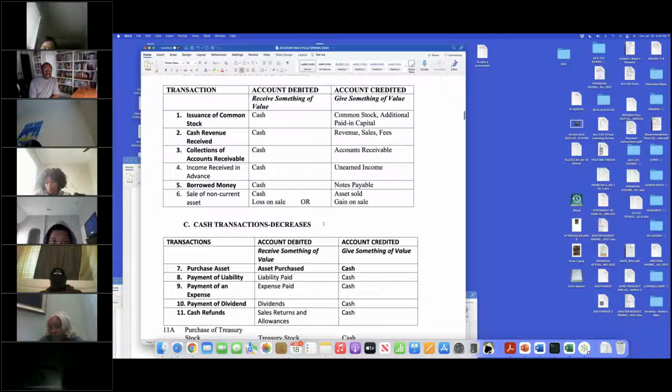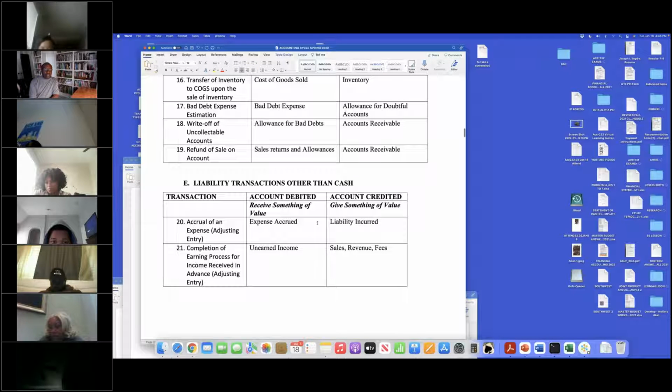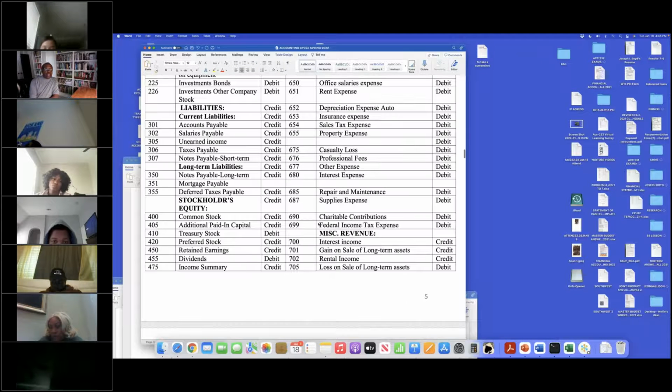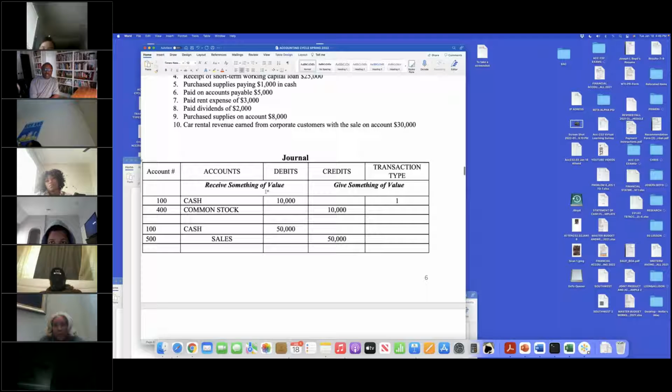Another way to look at this is a debit is always you receiving something of value, and a credit is what you gave up. So in any transaction, two things are happening. You're receiving something of value and you're giving up something of value. In this first one, they got cash, they gave up those stock certificates.